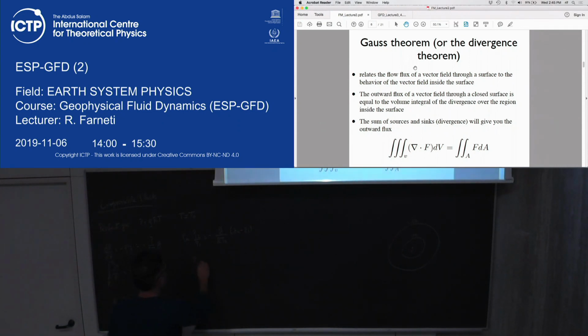So this is simply P2 equals P1 times exp of minus g (Z2 minus Z1) over R T0.